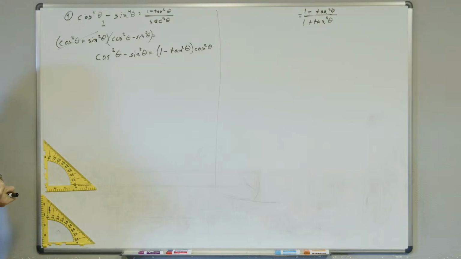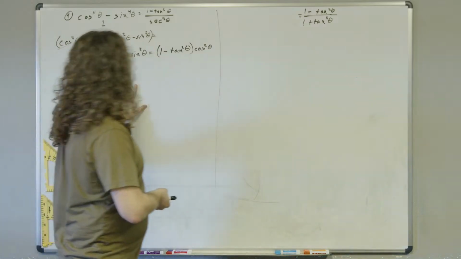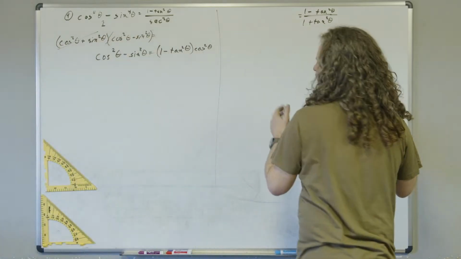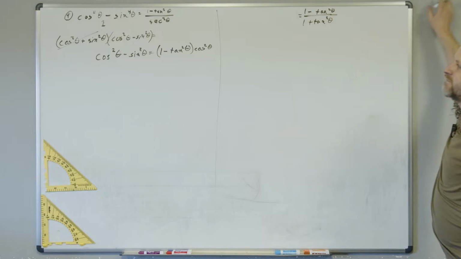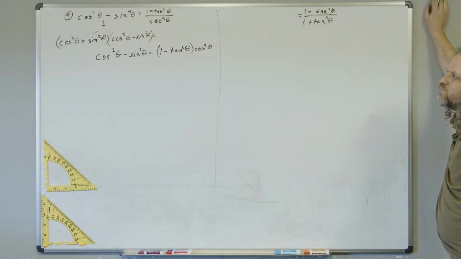I can see a couple of different paths forward. Neither one of these is the direction I went on the key, but either one of them could get us there, theoretically. So we have this equals that, or if we prefer, this equals that. Does the stuff on the inside of the parentheses equal secant squared theta?